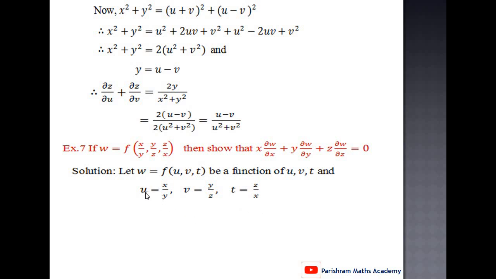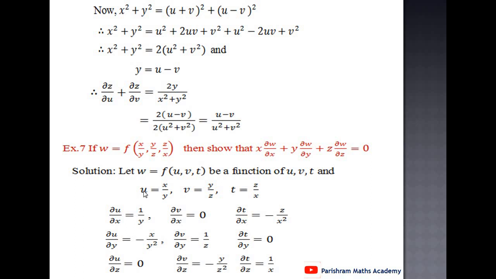Then we can find the derivatives of u, v, t with respect to x, y, and z. First, the derivative of u with respect to x: derivative of x is 1 upon y, which is constant. Derivative of u with respect to y, x is constant, derivative of 1/y is −1/y², therefore −x/y², and the derivative of u with respect to z is 0.